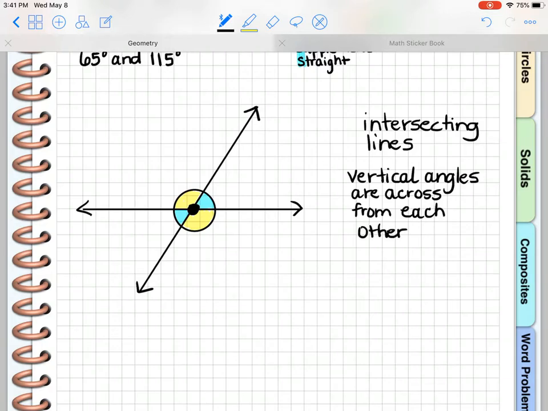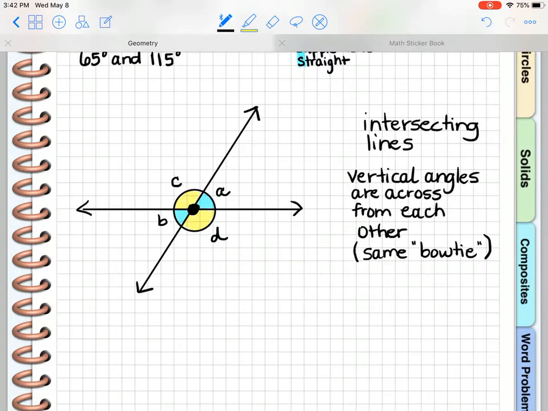So let's suppose that I call this angle A and this angle B. So we would say that A is vertical to B and C is vertical to D. These vertical angles will be the same color or the same bow tie, if you're thinking of it in that analogy.